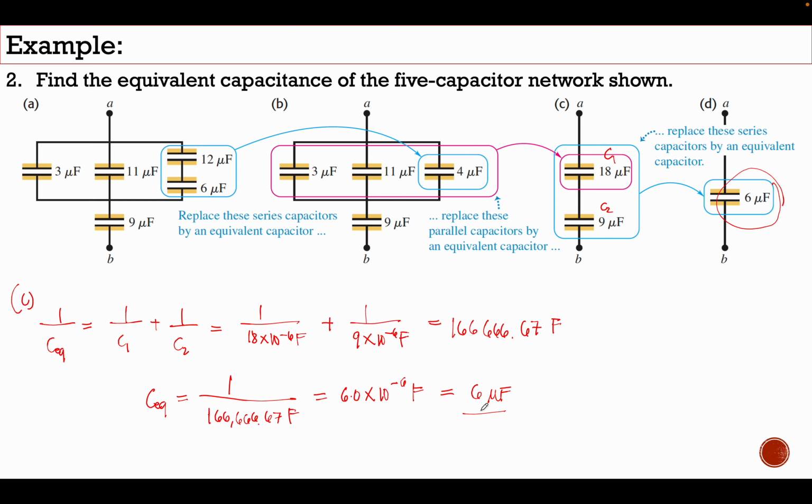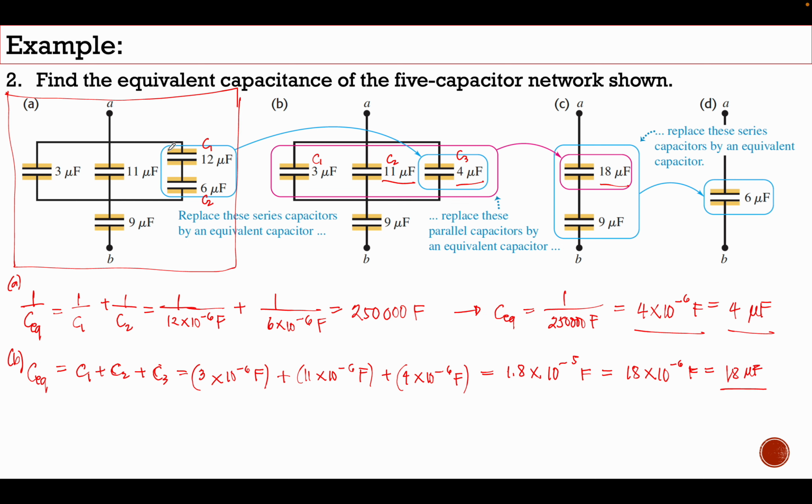So this will be our final answer. So the total or the equivalent capacitance, from this 5 capacitor network, we simplified it to only one, which is the equivalent capacitance of 6 microfarad. So that is how you would solve for the equivalent capacitance given the combination of series and parallel connections of capacitors.